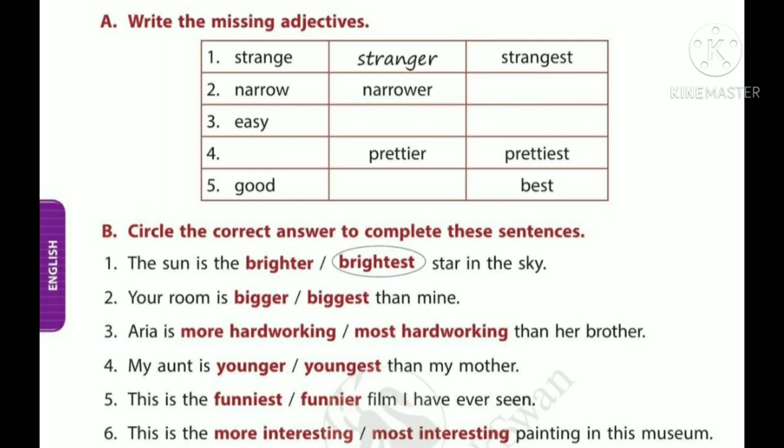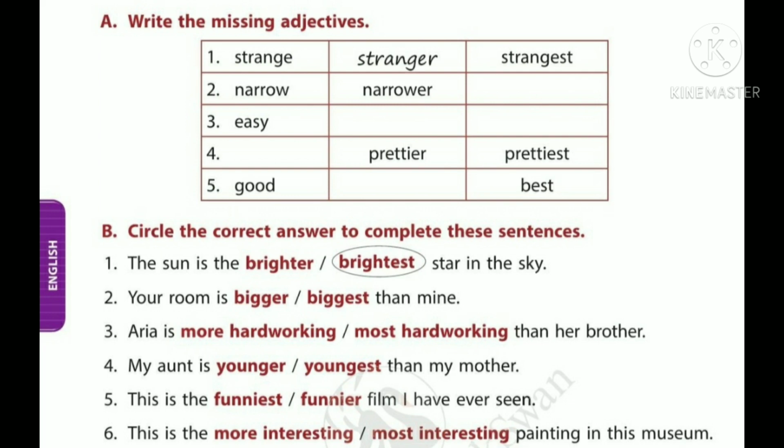Now take page number 58. Section A. Write the missing adjectives. You can see a box below and five questions are there. Five adjectives. They are in positive degree, comparative degree and superlative degree. You have to write the missing adjectives. First one is given for you. Strange, stranger, strangest.